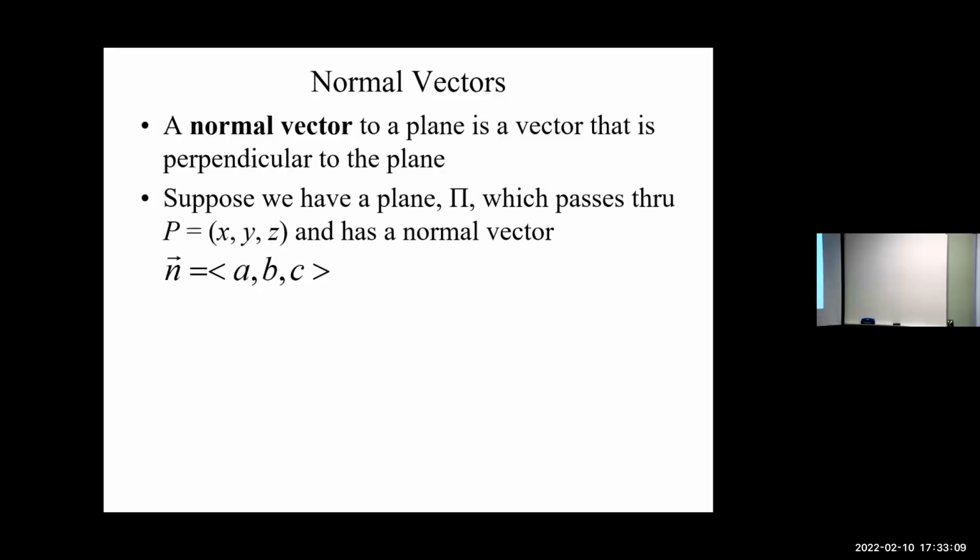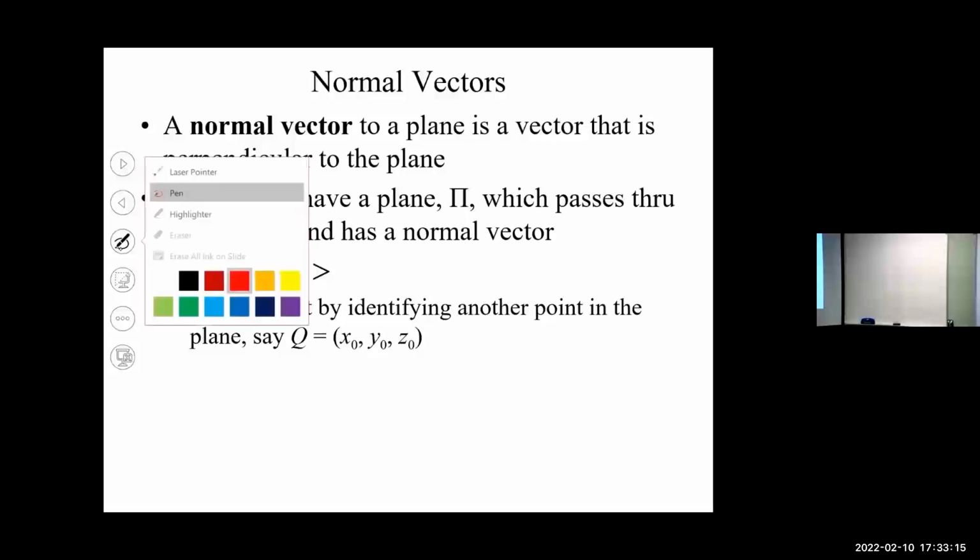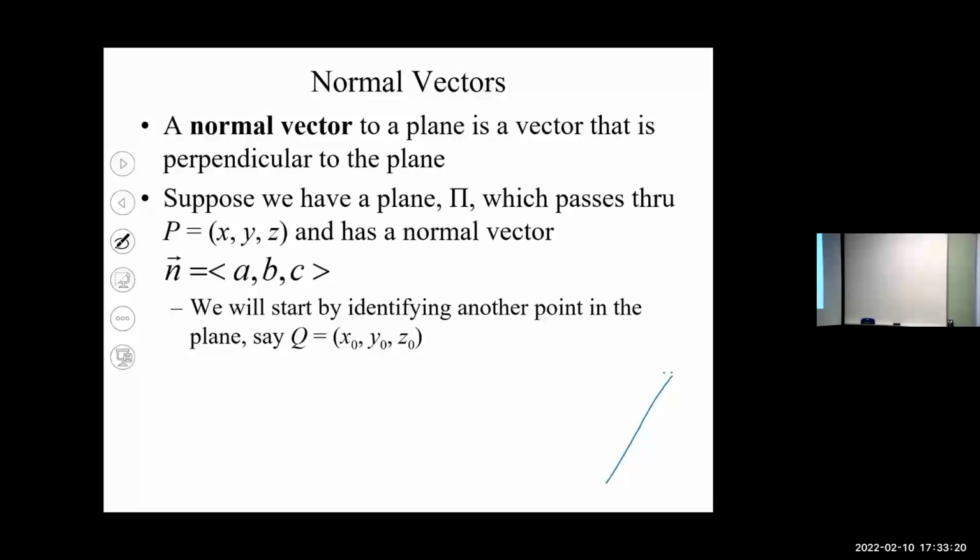What we're going to do is pick another point in the plane. So here's what's going on. Something other than red for once. Here's our plane. We have some point P. And we're going to pick another point, let's call it Q, in our plane.